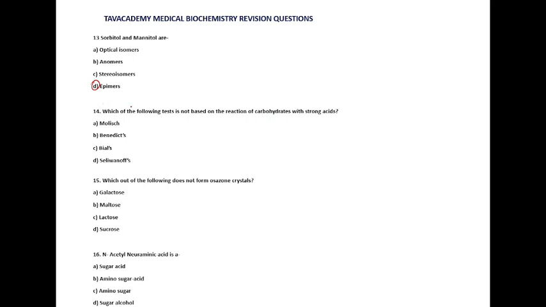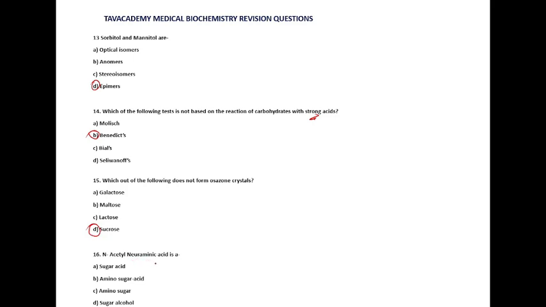Question 14 says, which of the following tests is not based on the reaction of carbohydrate with strong acid? Benedict's test is not with strong acid. Question 15, which out of the following does not form osazone crystal? Osazone crystals are only formed by reducing sugars. So the answer to this would be sucrose. Sucrose does not form osazone crystals.